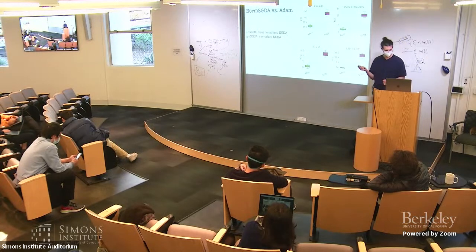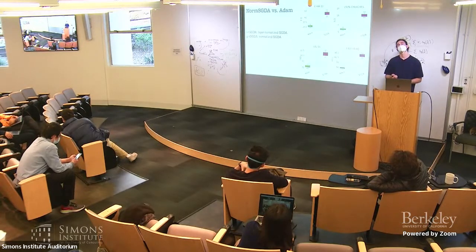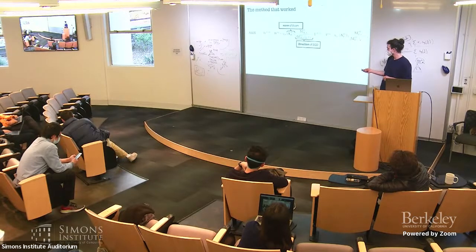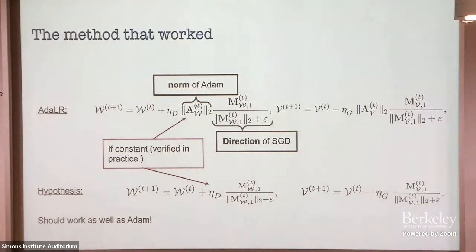For normalized SGD, your step size has to be different. It makes sense from this slide because this term is just plugged into the step size. So the step size you tune for Adam is very different from the one for normalized SGD. Probably you should get a larger step size for normalized SGD, but I'm not 100% sure.